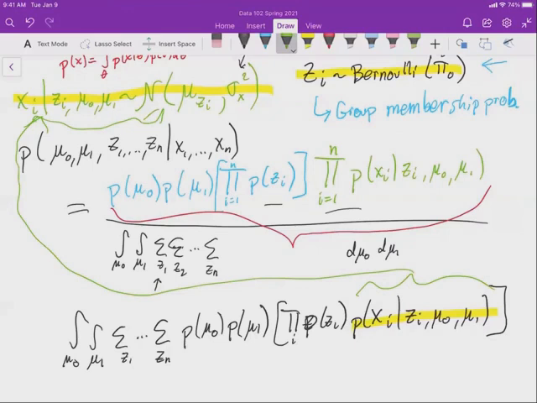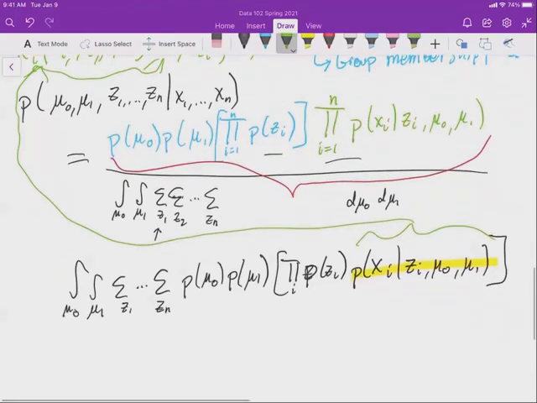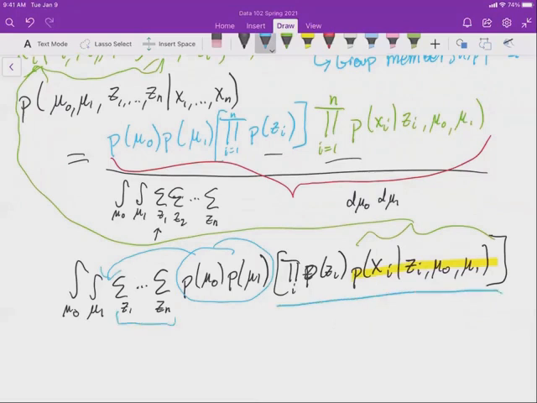So we have to figure out the z's, pick the right group, and then the mean for that group. This is a really complicated thing that's not just going to factor into something simple. So there are no tricks we can play. Sure, we can pull these terms outside the sum since they don't depend on the z's, but after that we're stuck. We have to do this summation over this term, and that summation gets very intractable very fast.